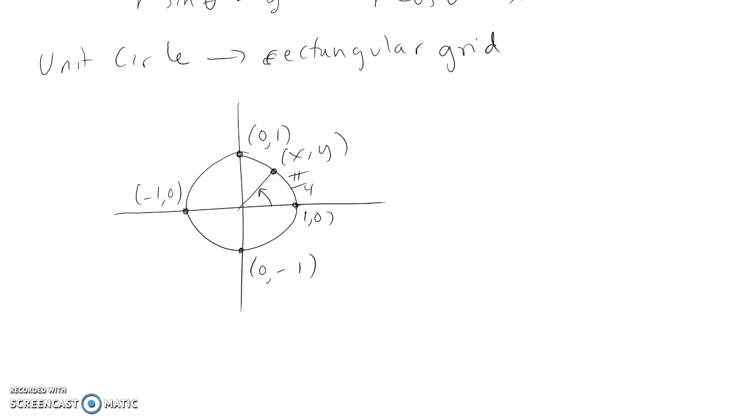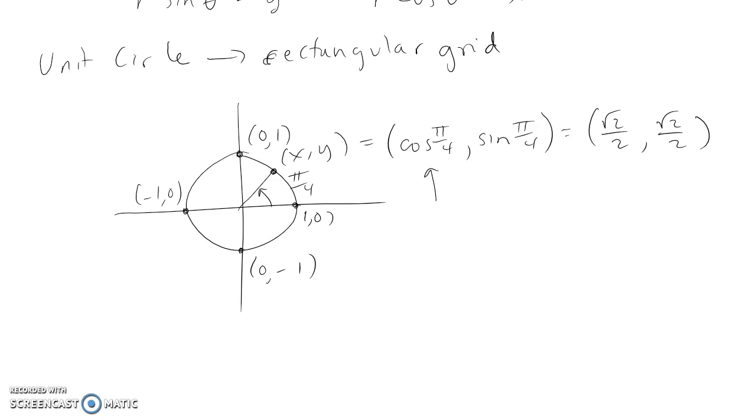This point x, y right here, where the terminal side intersects the unit circle, we know that the x-coordinate is the cosine of pi over 4, and the y-coordinate is sine of pi over 4. We also know that those values are square root of 2 over 2 comma square root of 2 over 2.